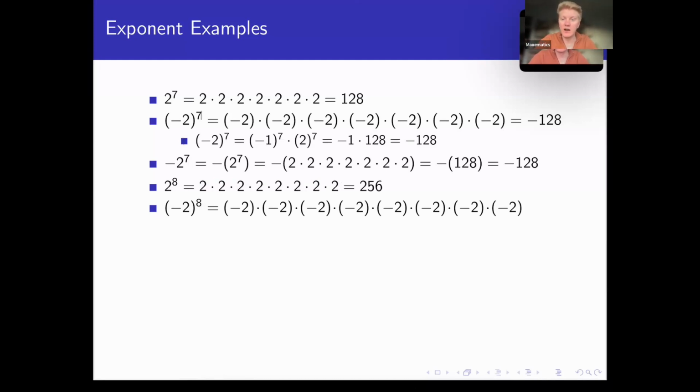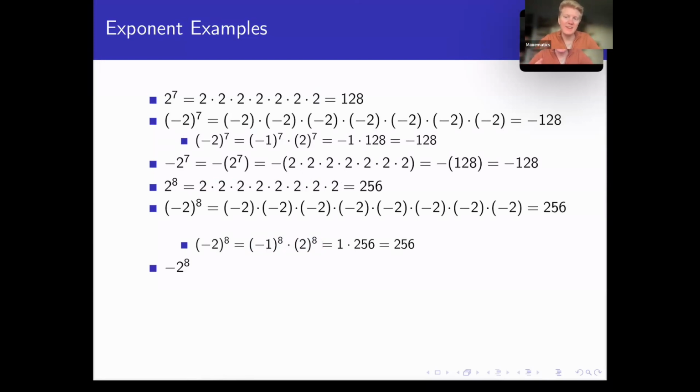A negative number raised to an odd power is negative. A negative number raised to an even power is positive. So we get positive 256. Or we can also look at it as negative 1 to the 8th times 2 to the 8th, which is positive 1 times 256, so we get 256 that way.